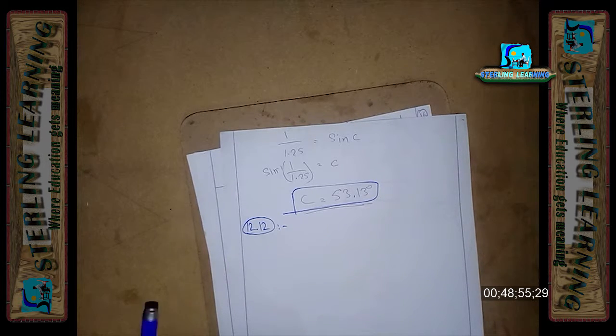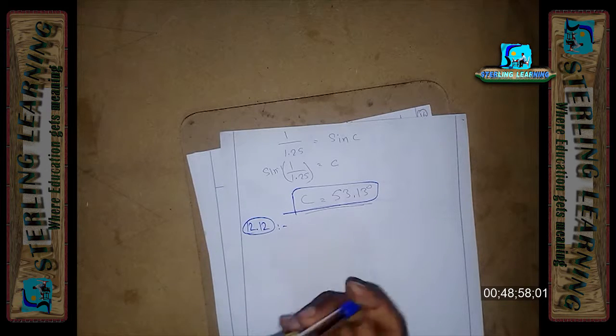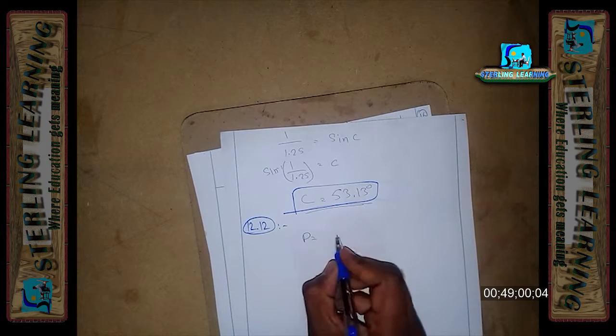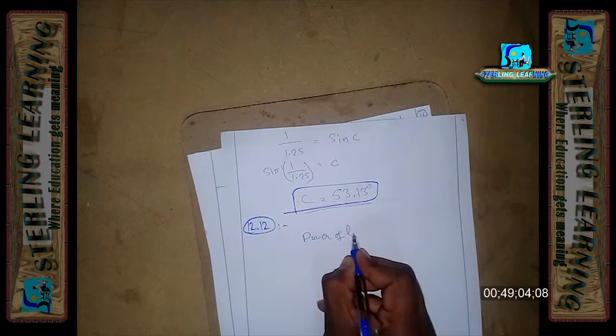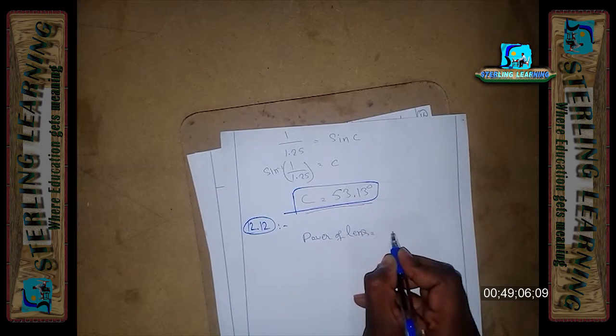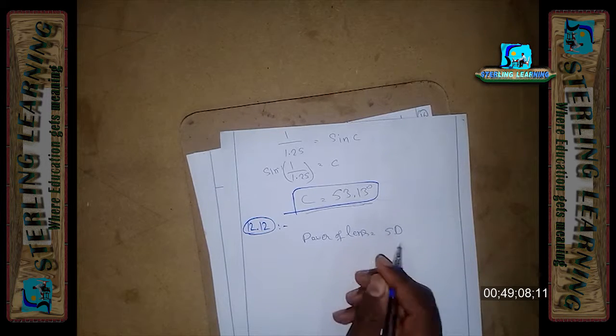The power of a convex lens is 5D. Power of lens is five diopter.